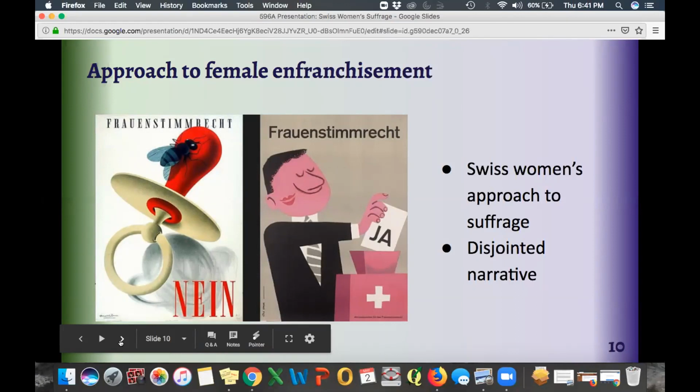Additionally, the messaging as to why women were fighting for suffrage was disjointed between various women's organizations, with some organizations still opposing women's suffrage, calling it unnecessary or frivolous as late as the 1950s.